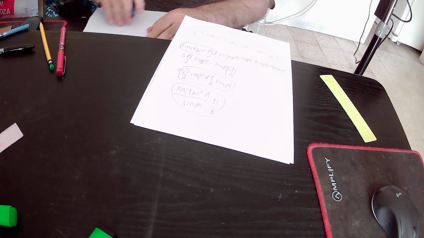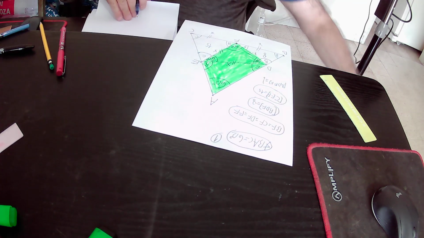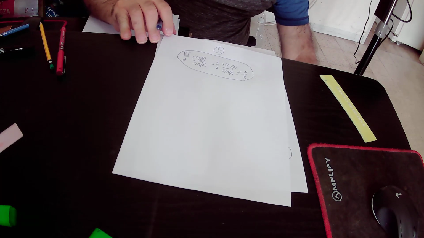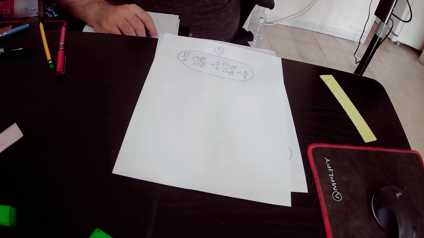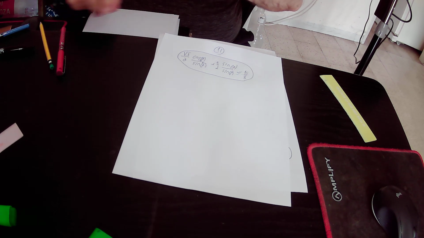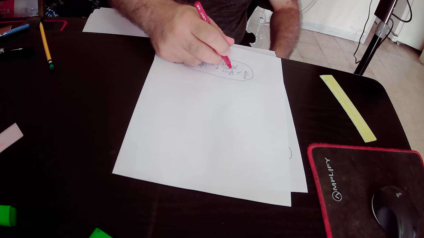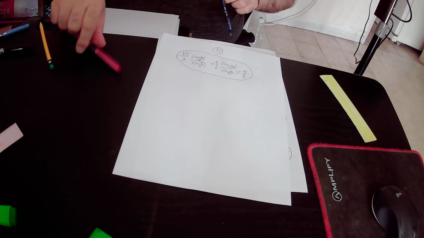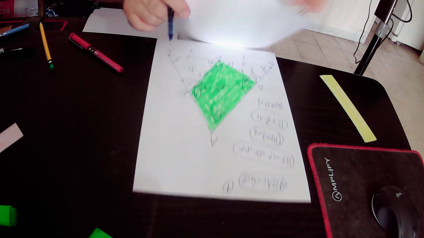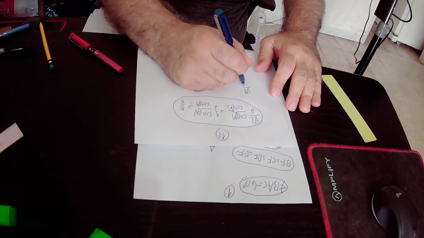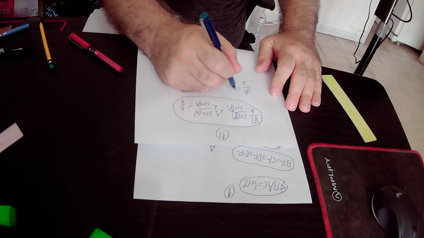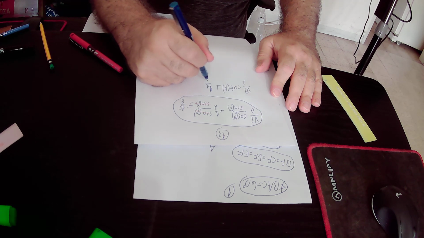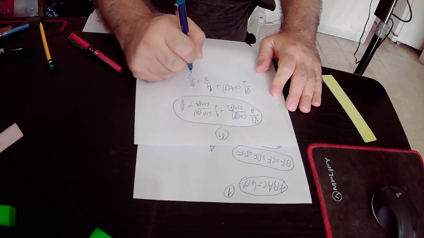Okay, so in total, sine P over sine P is 1, so sine P is cancelled, and cosine P over sine P is cotangent P. So I write down root 3 over 2 cotangent P plus 1 over 2, which is 4 over 8, equals 15 over 8.